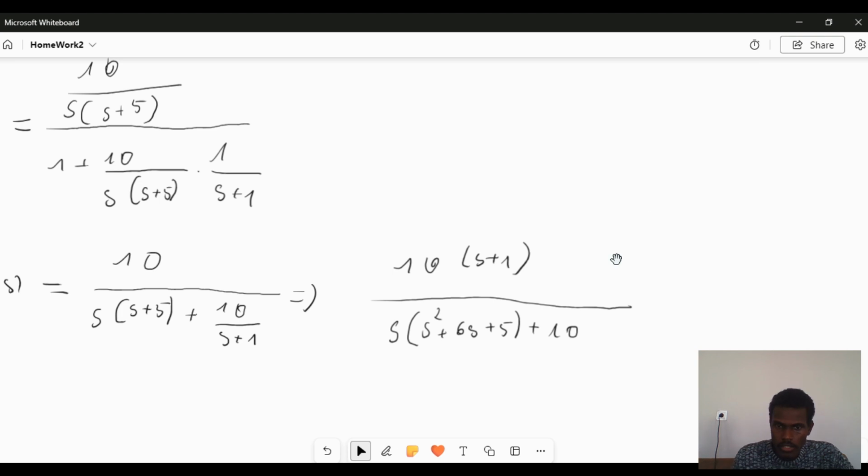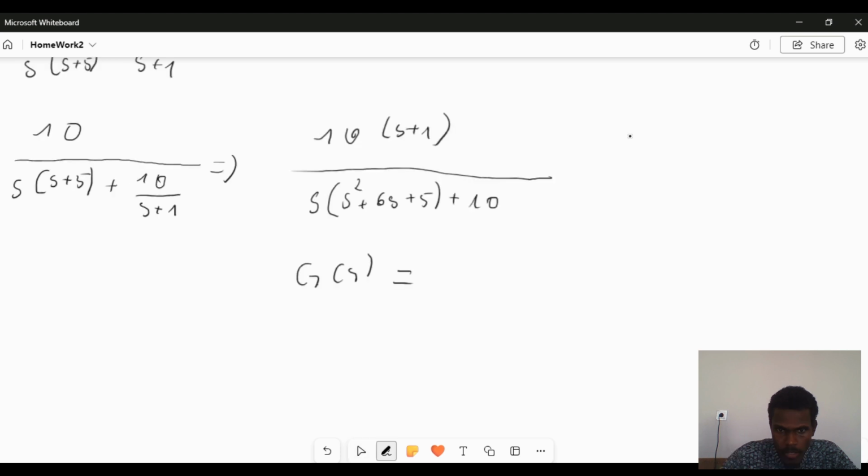And here we can say G(S) is equal to (10S plus 10) divided by (S cubed plus 6S squared plus 5S plus 10).